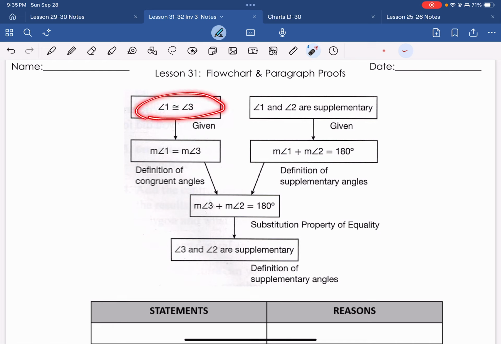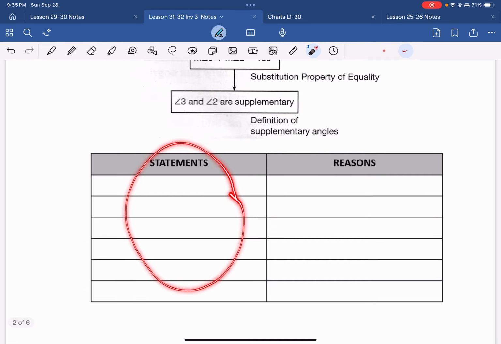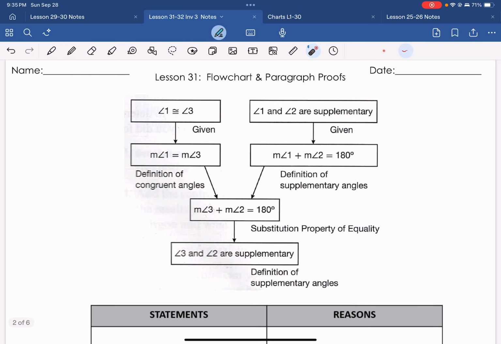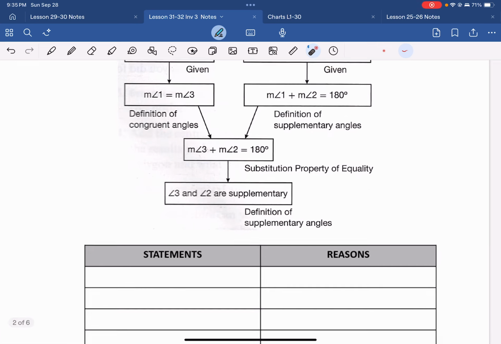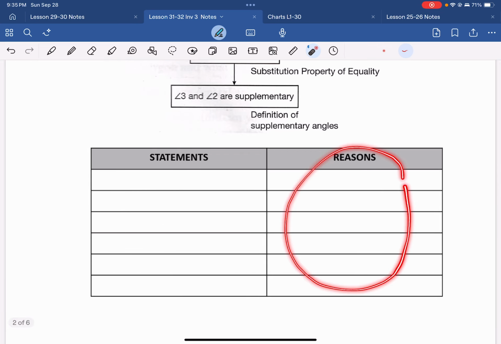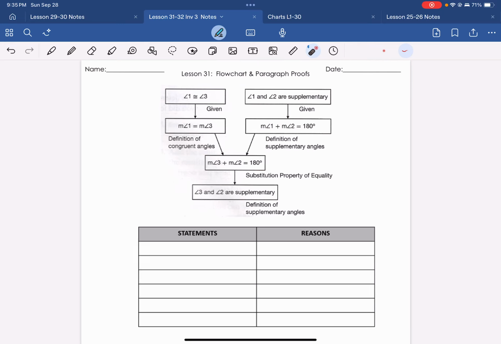Now, inside of each of these boxes, we have the statements. So these will all go in this section. And then beneath each box, we have the reasons. And each of these will go in the reasons column. So it's basically just copying what we see.